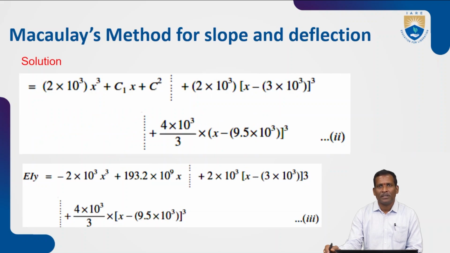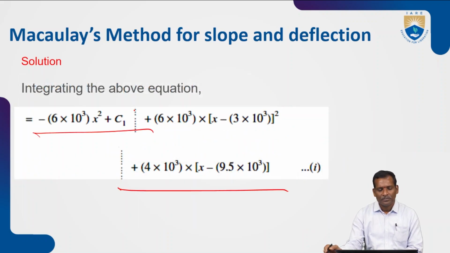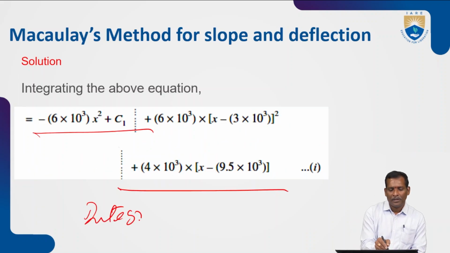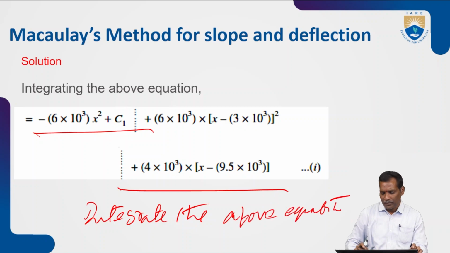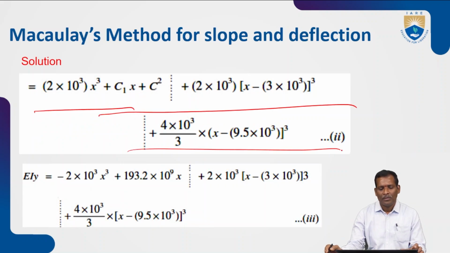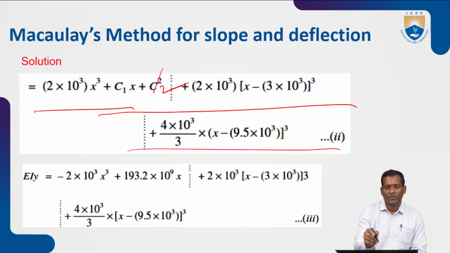Similarly, the second equation: 2 into 10 cube into x cube by 3. Again integrate, so double integration. Integrate the above equation, and again we will get the value C1x plus C2.